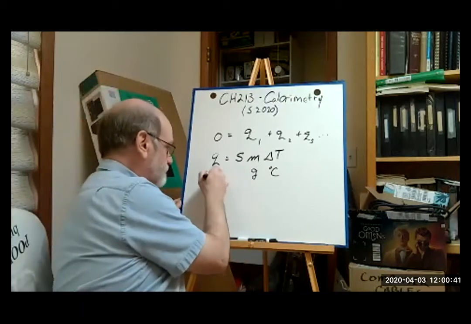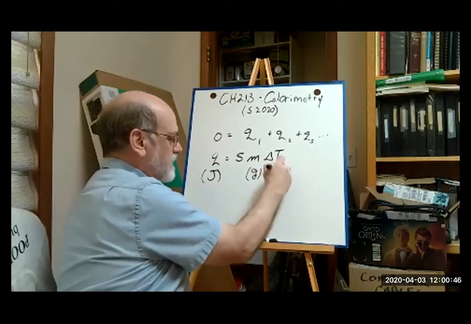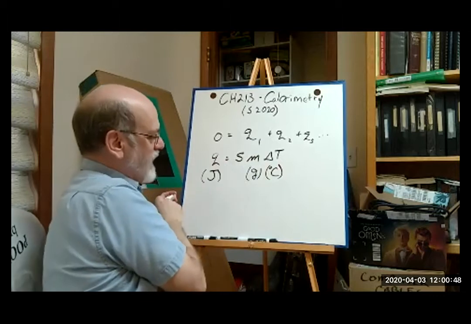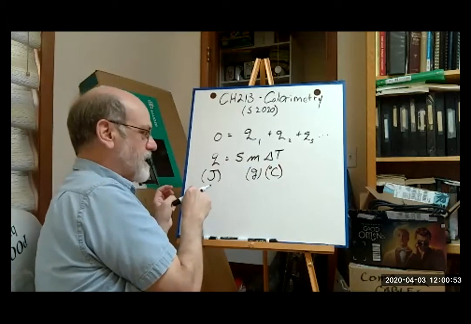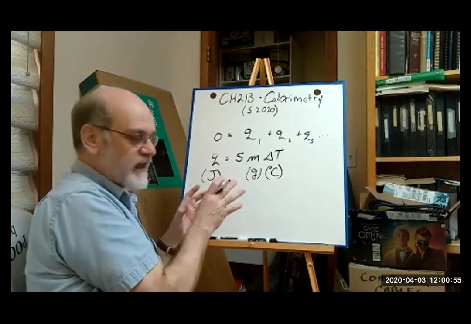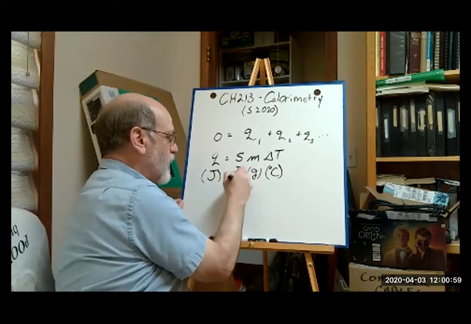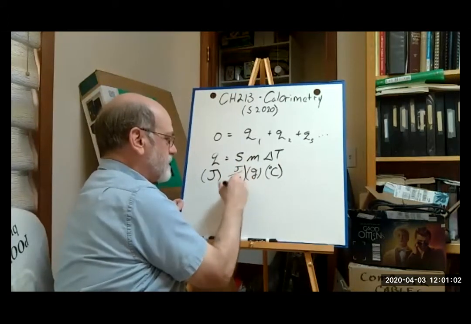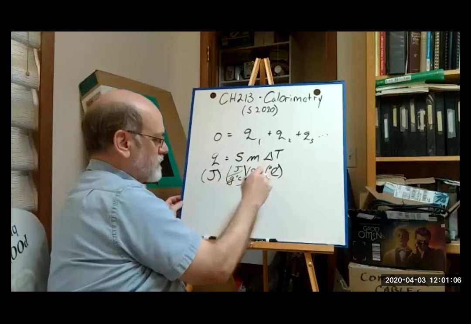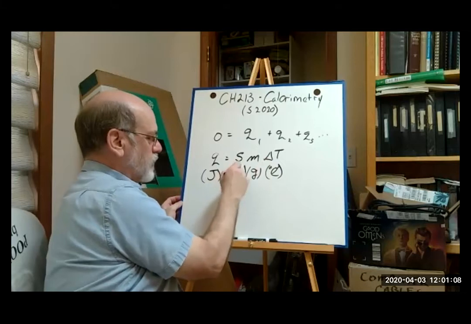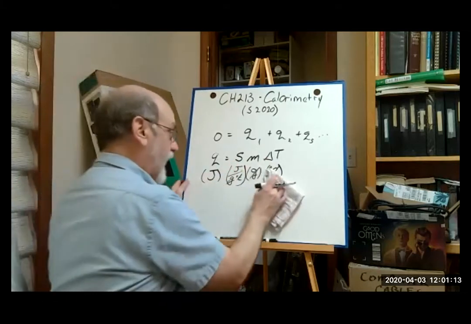Joules, right? So that has to be joules. That's grams. That's degrees C. So what does S have to be? In order for the units of S, specific heat capacity, to give us joules, it needs to be joules per gram degree C, right? That way, grams cancel, degrees C cancel, and leaves us with joules. Okay? So our units of measure are correct.